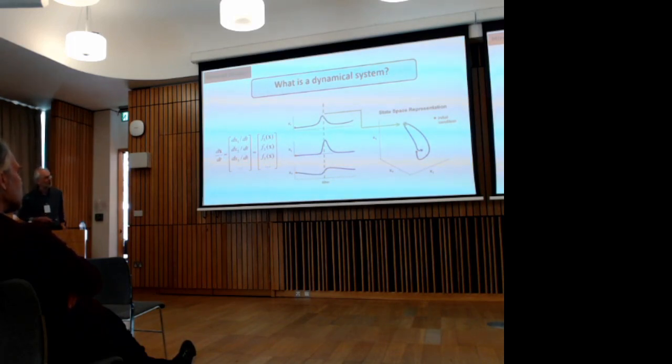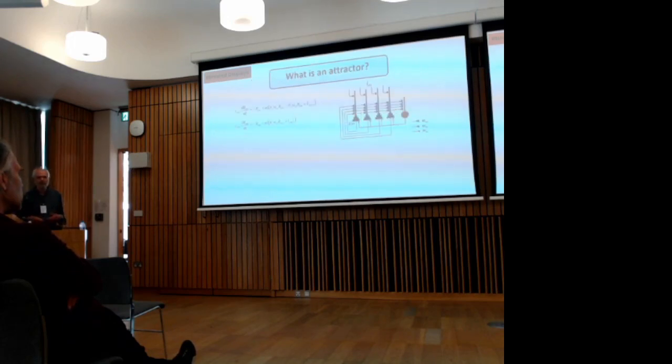What governs the flow of these trajectories is the geometry of that state space and the geometrical objects in that state space. I think most of you are familiar with the term attractors. Attractors are limit sets within these state spaces. This is my favorite toy example. If you have a population of excitatory neurons and feedback inhibition through an inhibitory population, you might describe that by two differential equations, which gives rise to a two-dimensional state space.